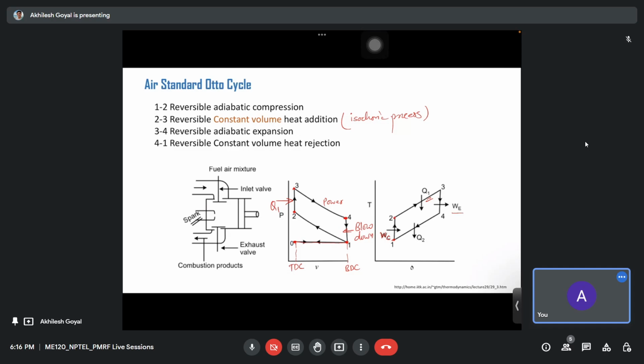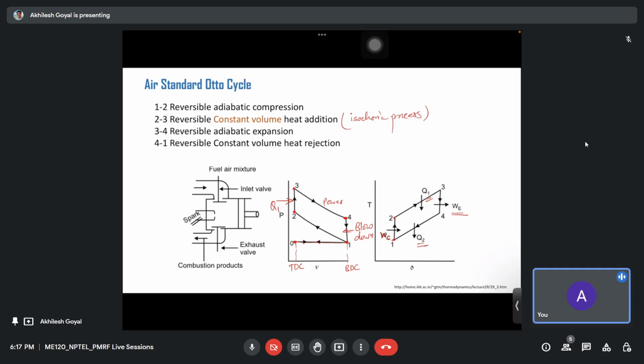So WE is the output work at the crankshaft. And then from point 4 to 1, when the exhaust valve opens and exhaust gases move out from the cylinder, the heat is rejected in the form of exhaust gases to the surrounding. So that is the Q2. So this is the whole Otto cycle.